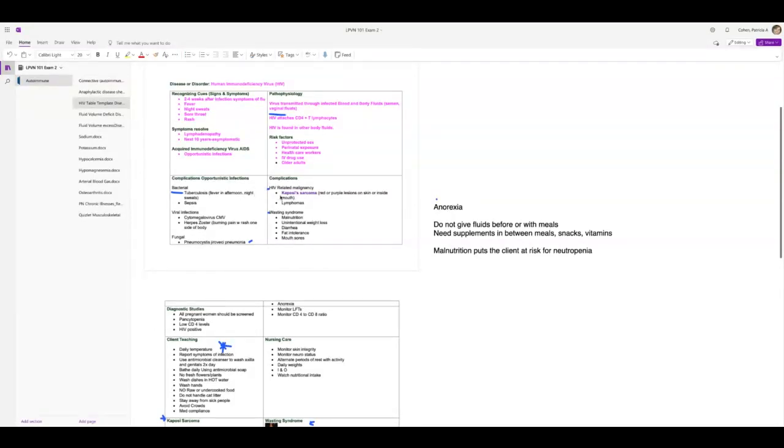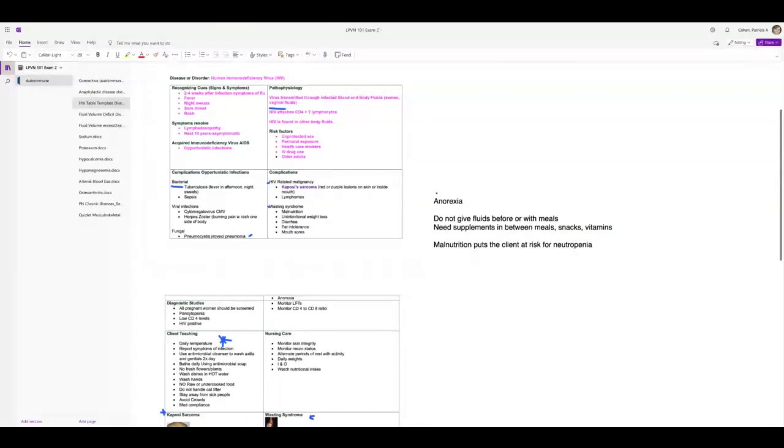HIV-related malignancies, Kaposi sarcoma. They get these red or purple lesions on the skin or inside the mouth. Wasting syndrome. So this is like they have like a 10-pound weight loss unexplained, right? They look cachectic. So they suffer from malnutrition. They'll have diarrhea. They can't tolerate fat anymore, and mouth sores and anorexia.